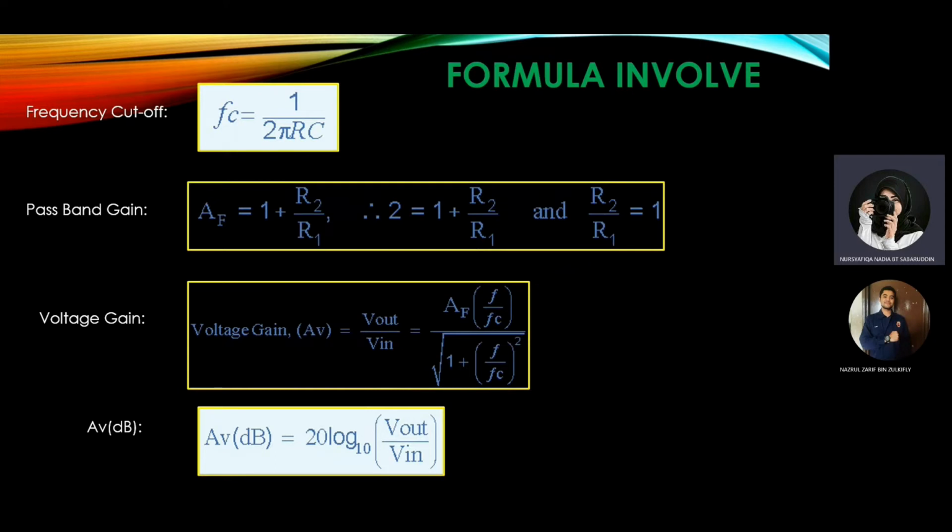Number two, pass band gain. The formula for pass band gain is AF equal to 1 plus R2 over R1.